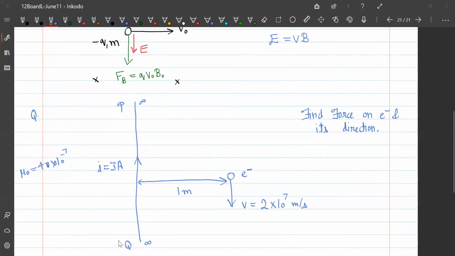First, you will find the magnetic field due to the straight wire. And that magnetic field will apply a force on the charged particle which is moving. And then you will calculate the value of force.